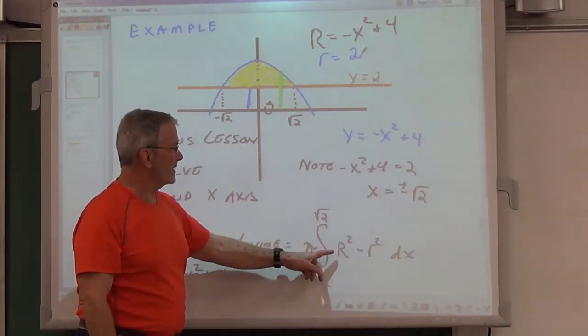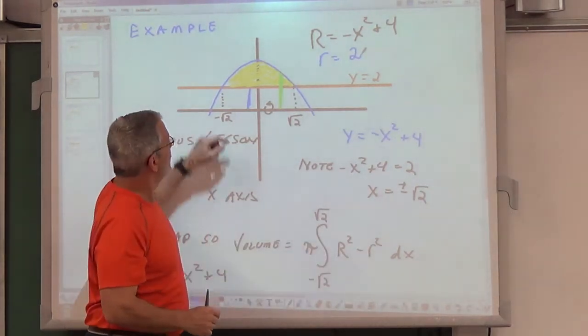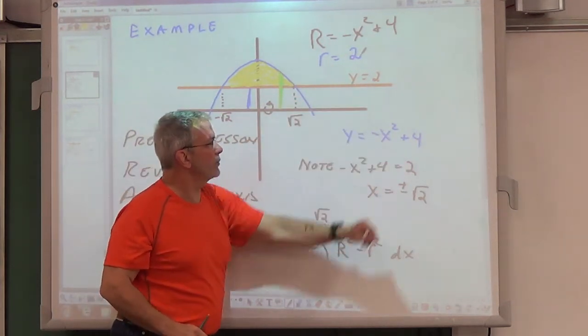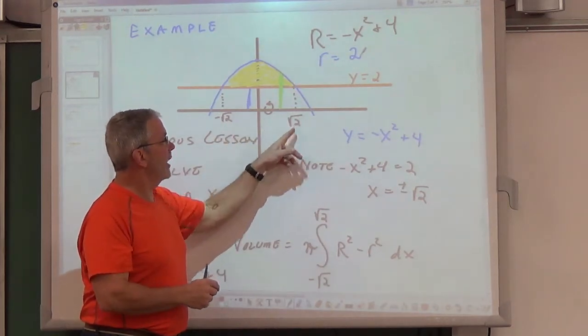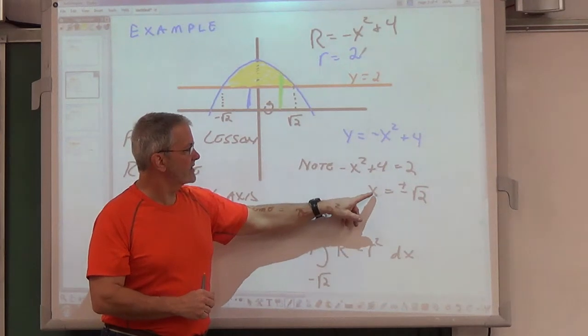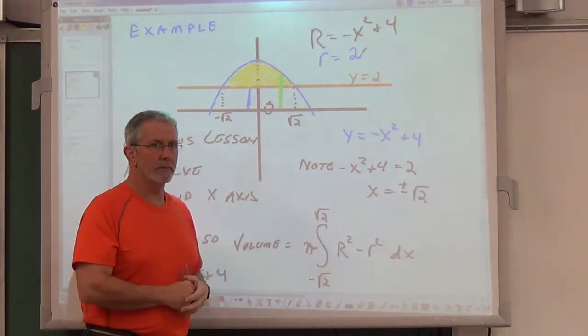So that gives us our integrand, big R squared minus little r squared, and then we did need to find out where those two functions, 2 and negative x squared plus 4, are equal, so that we can find our lower bound and our upper bound. With a little bit of analytical work there, we can see that x is going to equal negative square root of 2 and positive square root of 2.